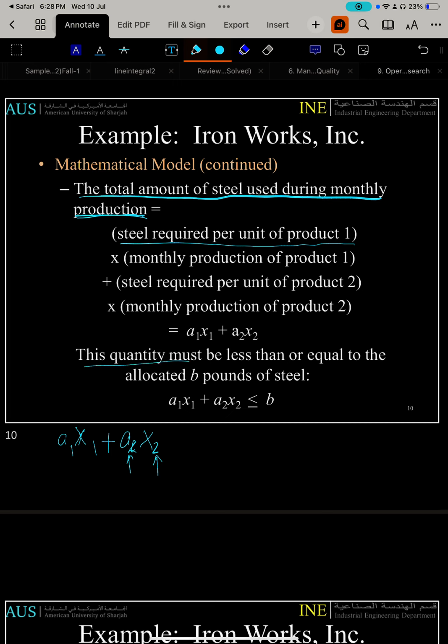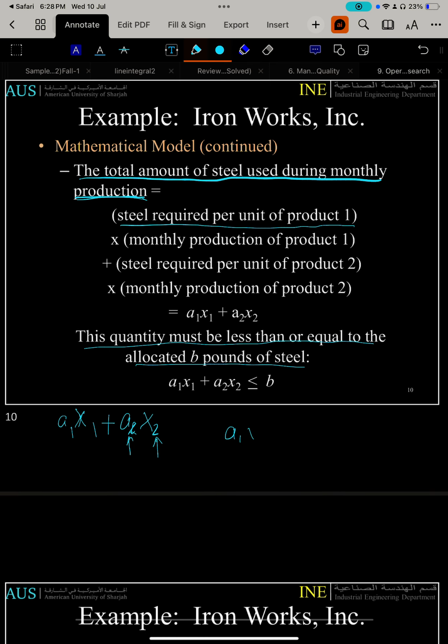This quantity must be less than or equal to the allocated B pounds. So A1 X1 plus A2 X2 should be less than or equal to B. That says the amount of steel you use cannot exceed the amount we have in inventory, which is B. And that's a constraint.